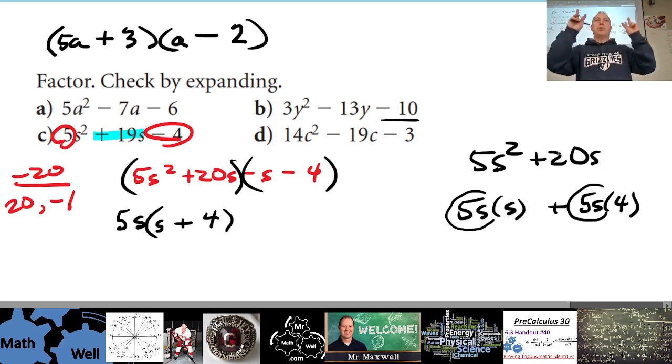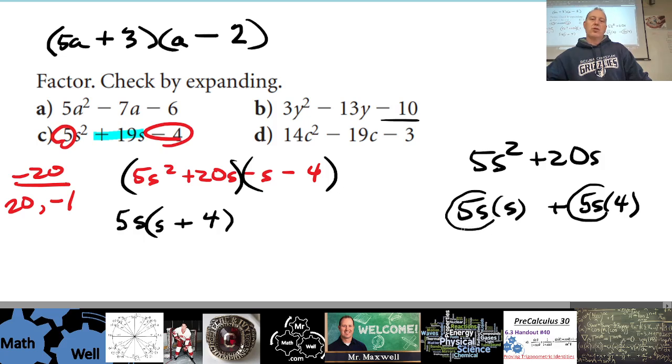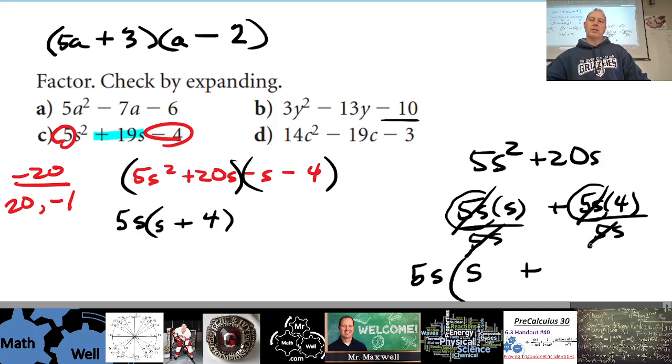Now, when you pull a factor out, that's the wording that I use for removing the greatest common factor, you're in essence dividing each term by 5s. You're writing 5s as a separate factor, and when you divide that 5s out of each term, I'm left with s here. And then I'm left over here, when these divide out, with 4.